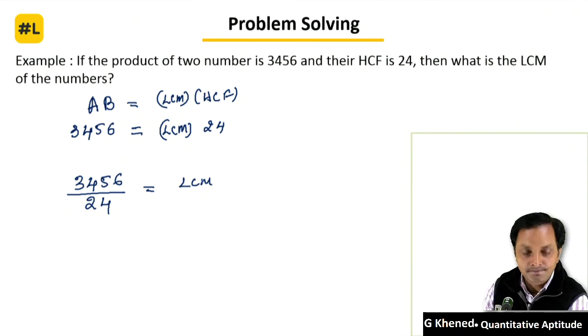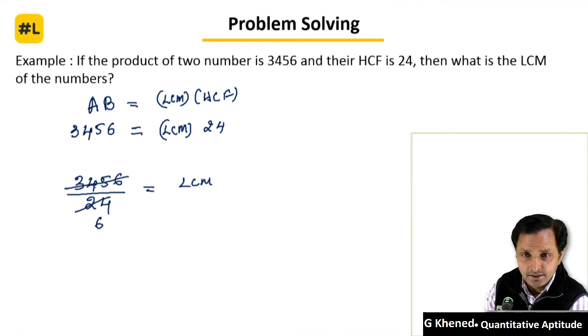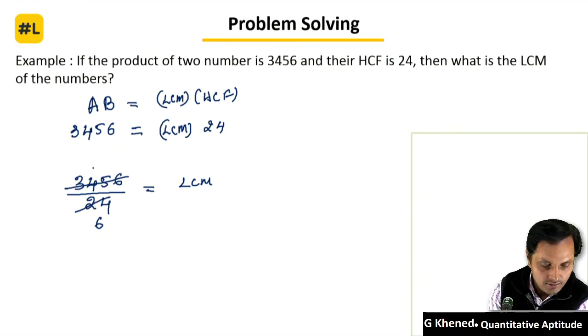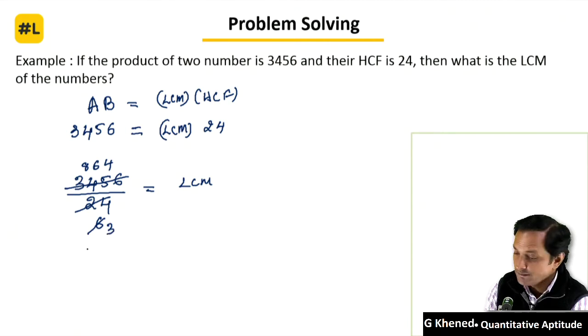You know that this will go in 4, 4 6s are 24, and the next one, 4 8s are 32, carry 2, 25, 4 6s are 24, 4 4s are 16.